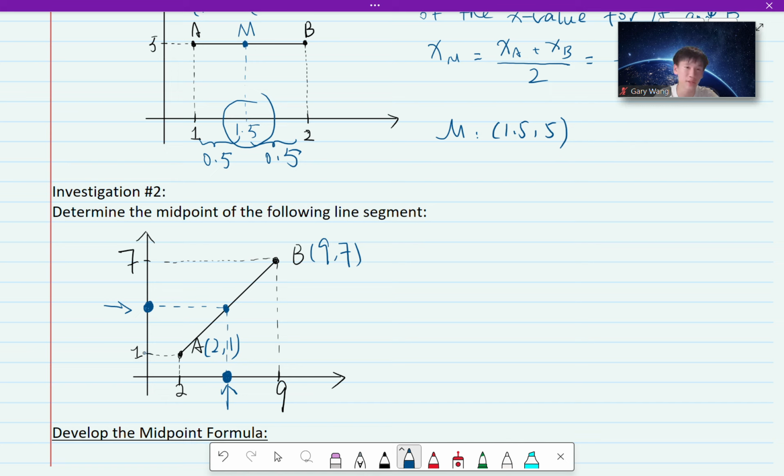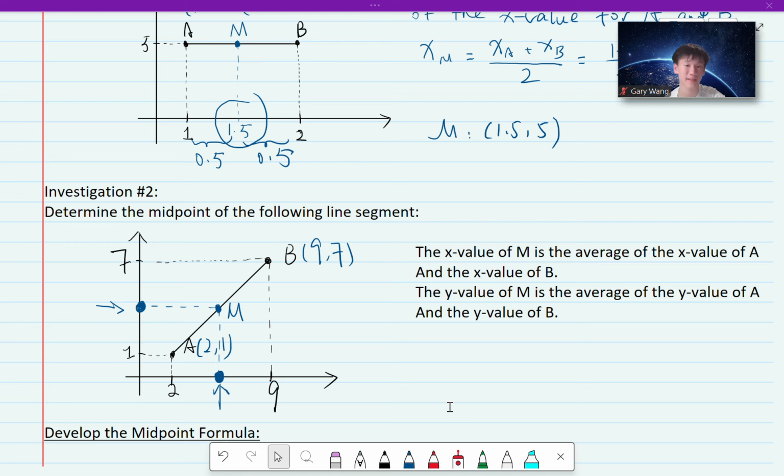In other words, the x value for this midpoint M should be the arithmetic mean, or the average, of the x value of point A and the x value of point B. And similarly, the y value of M should be the average of the y value of A and the y value of B. Just like this.